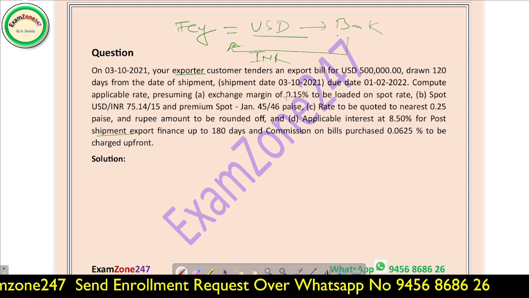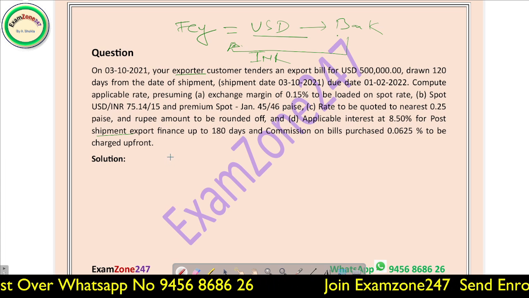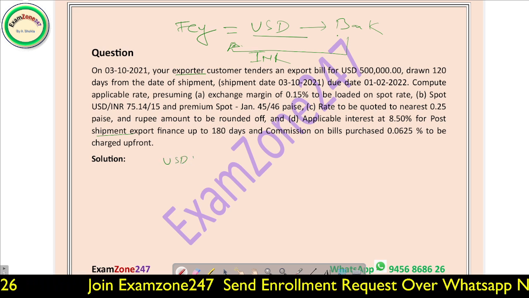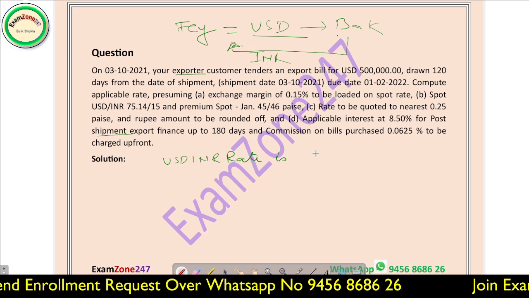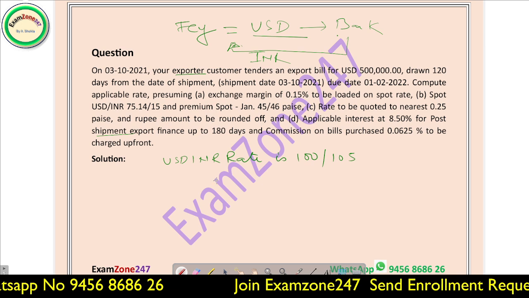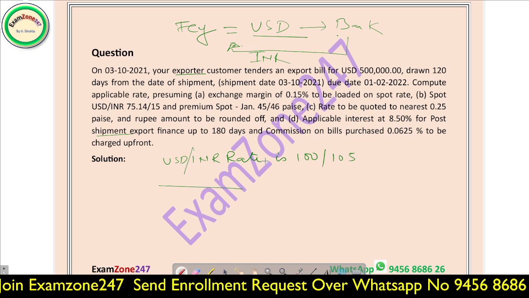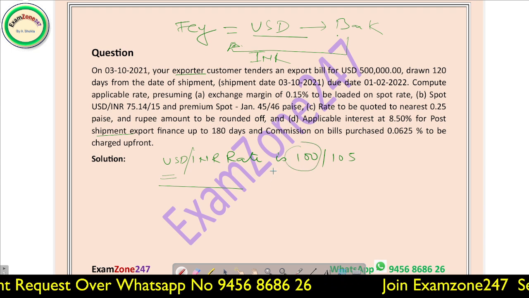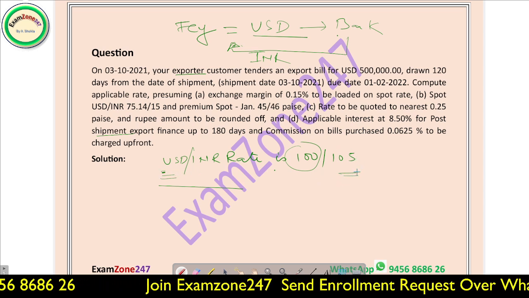Now suppose, leave this rate, we will be going through a new rate. Suppose USD INR rate is 100 by 105, it means if you are going to the bank and if you have USD, the bank will give 100 rupees to you, but if you need USD, the bank will charge 105 rupees to you.